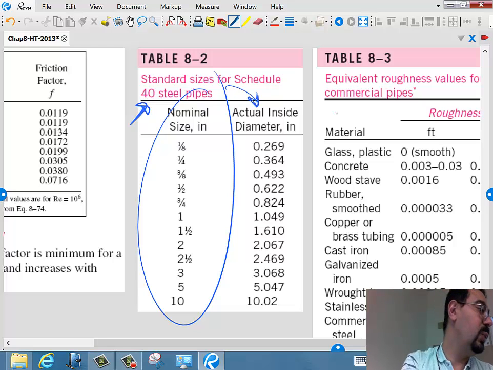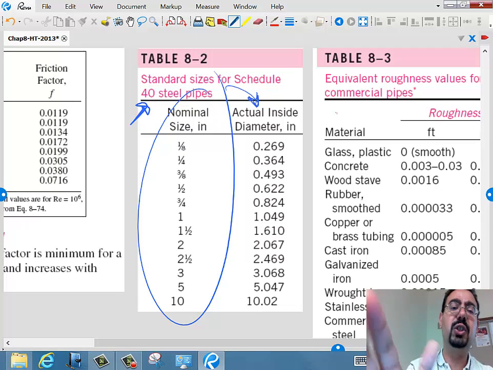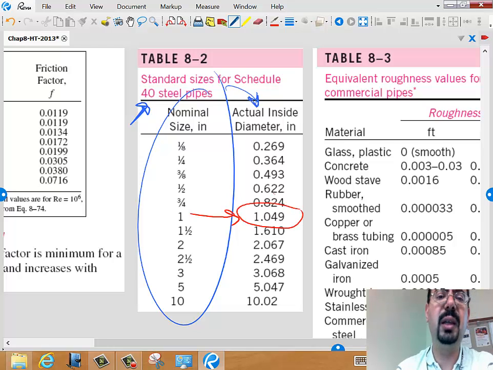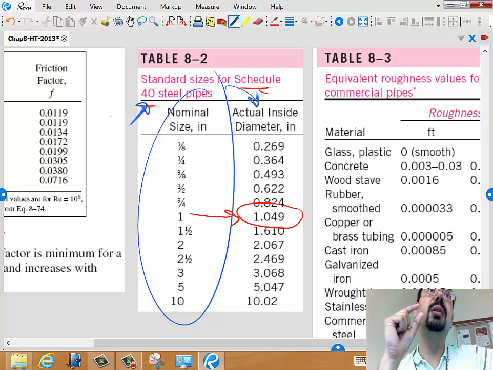All right, there is one problem that I had last year, where I gave them a 1 inch nominal size pipe. The ones who assumed this is the diameter lost points. They actually have to go to this table and say, 1 inch, then the inside diameter is this, right? Now schedule 40, schedule 80, schedule 10, that's basically the thickness of the wall.